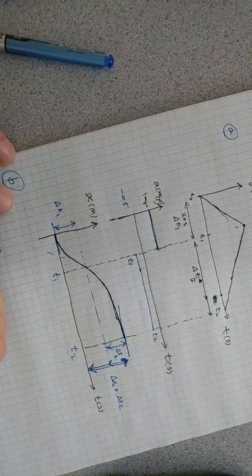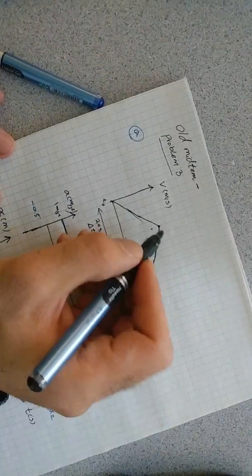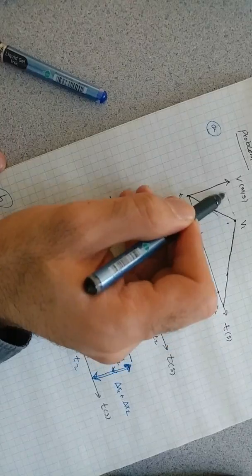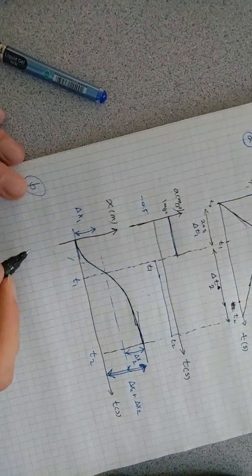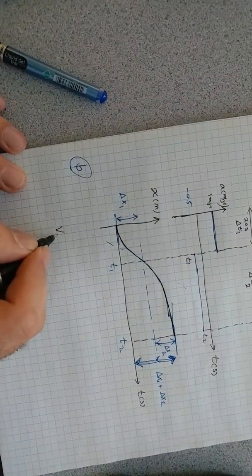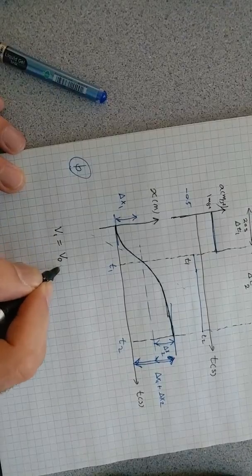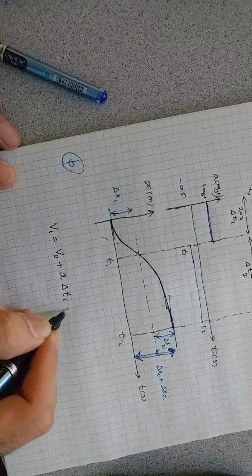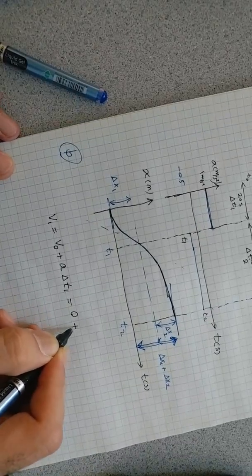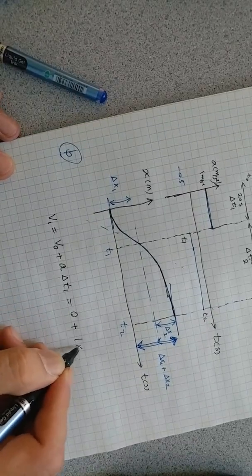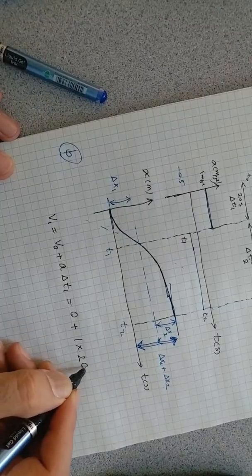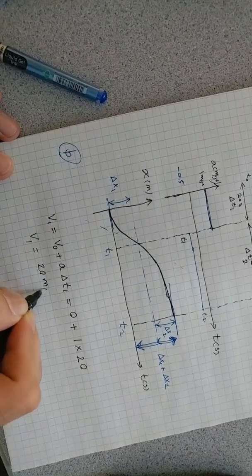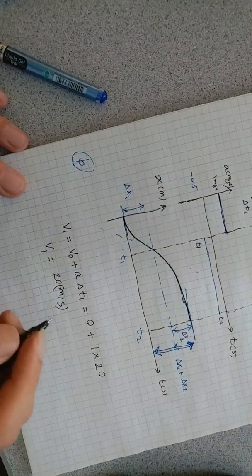So let's say we call this one v1. Basically this is v1, right? v1 is equal to v0 plus a delta t1, and v0 is 0 plus a is 1 times 20, and v1 is going to be 20 meters per second, and don't forget your units.